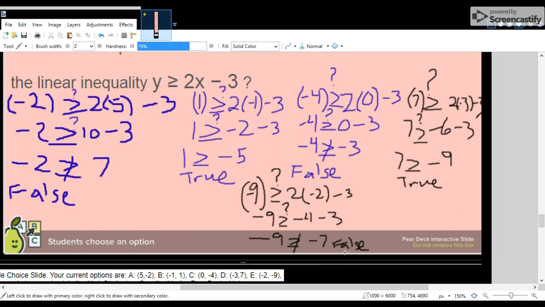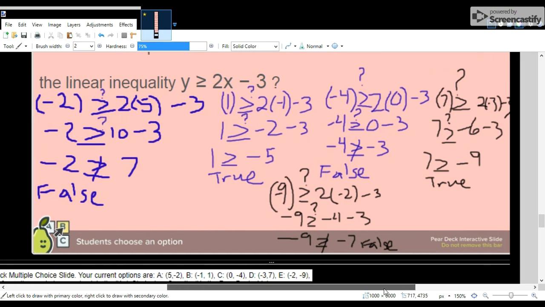So this one's false. So our two solutions are B and D. And your justification is the steps that you showed on your journal page.